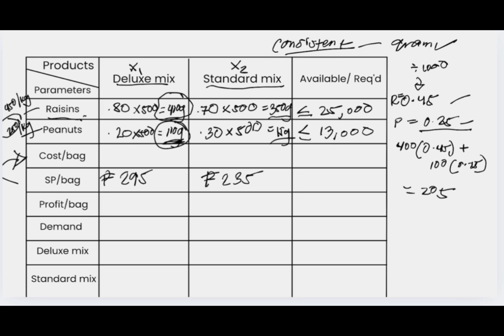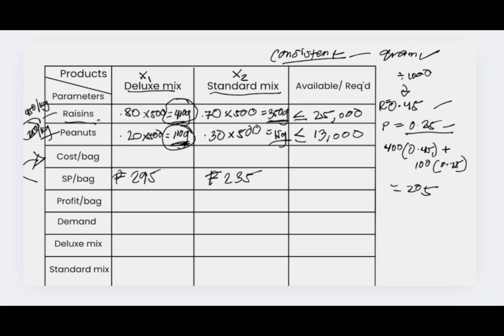Then we do the same thing for the standard mix. 350 times 0.45, plus the peanuts. Sorry guys, I overlooked this.